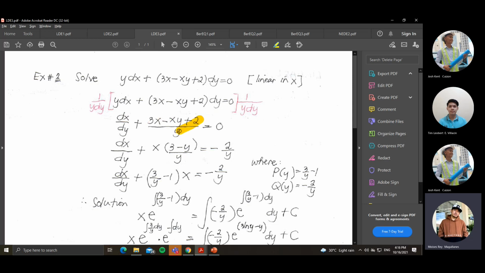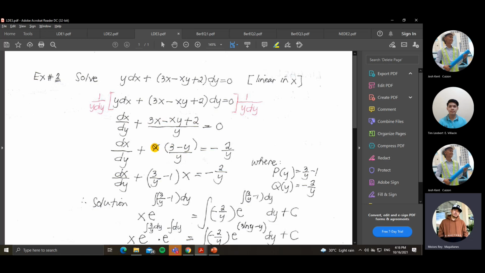We can separate the 2y term. We can see here that it is plus 2y. So we can say that this 2 over y is our q of x. We can transpose it first. So 3x over xy all over y.